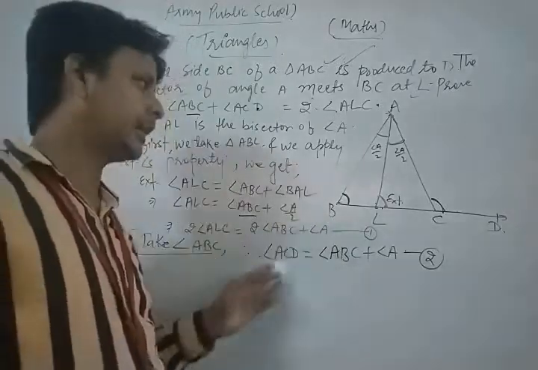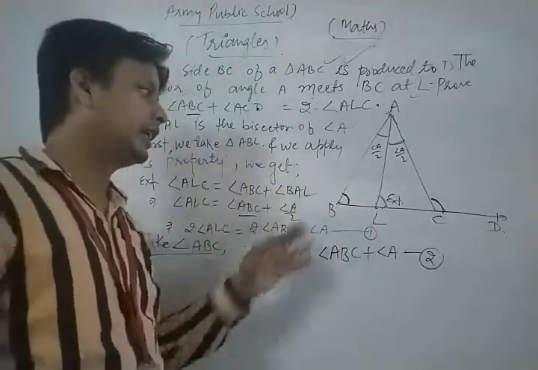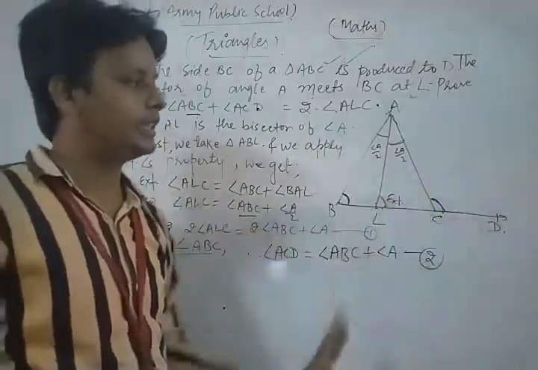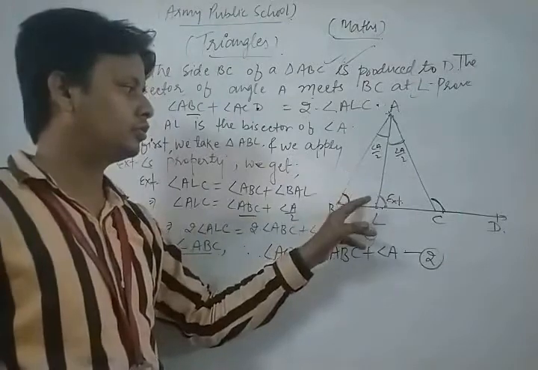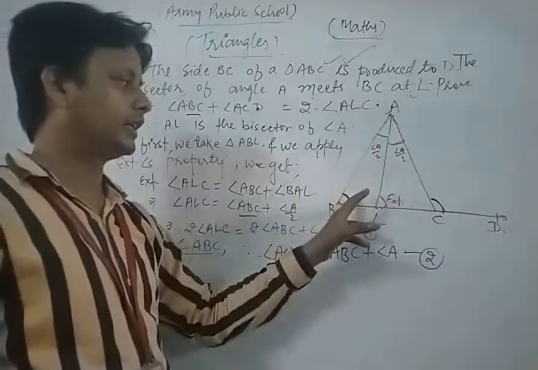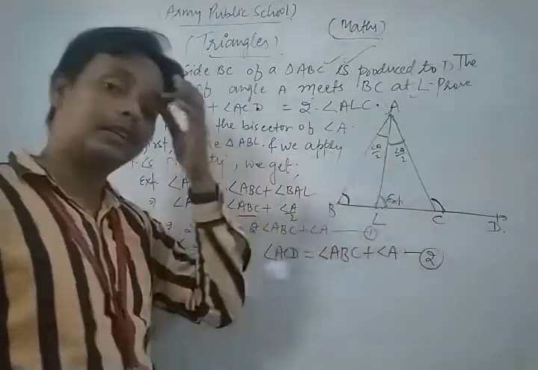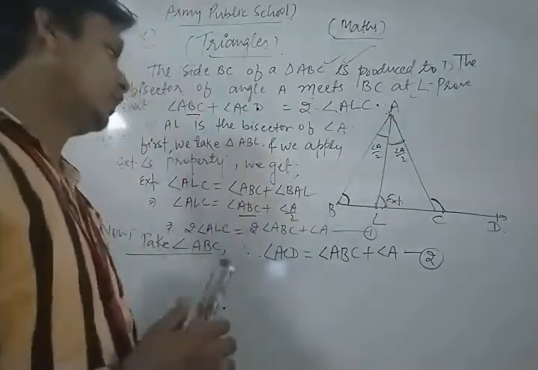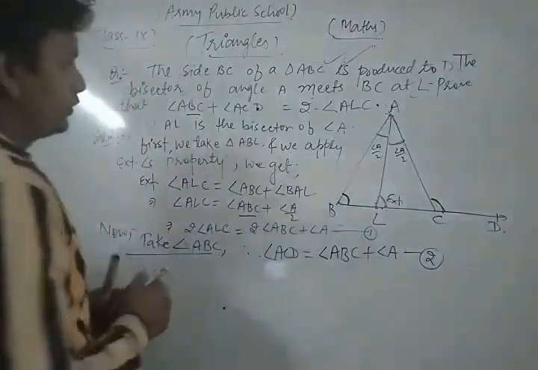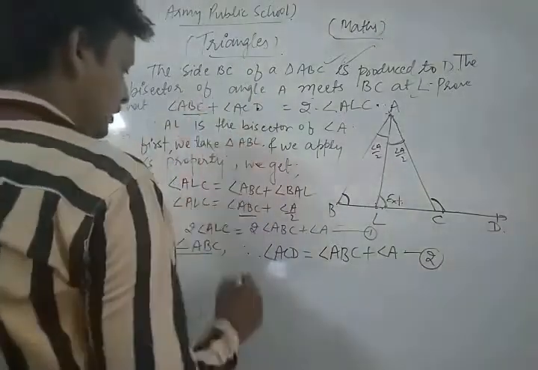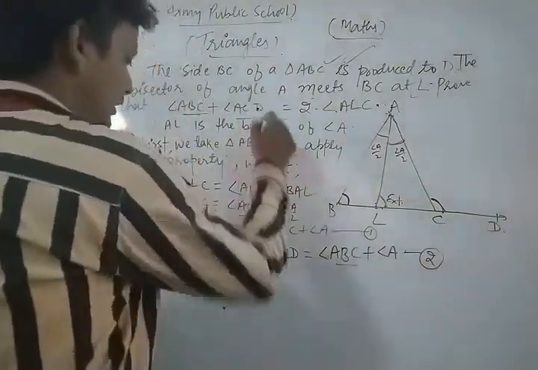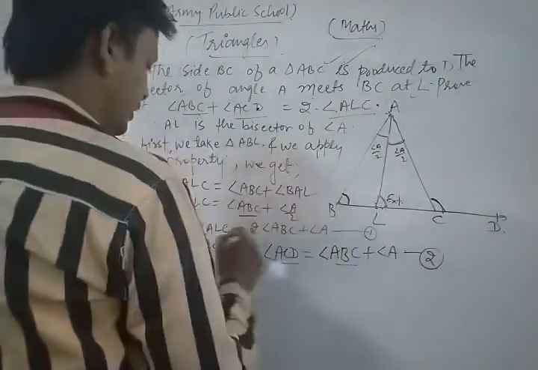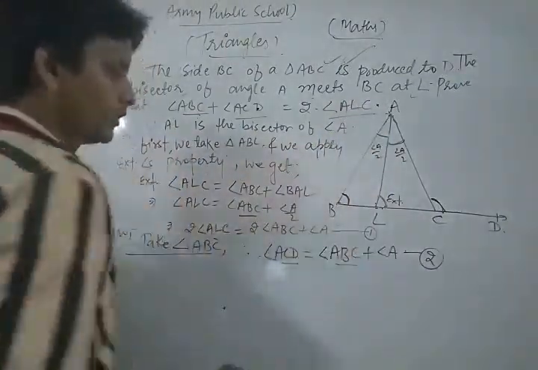Angle ACD is equal to the sum of its two opposite interior angles, means angle ABC plus whole angle A. Now look, here is our proof in terms of angle ABC. So angle ABC is there. ACD or ALC is also there, yes. Now angle A is extra.